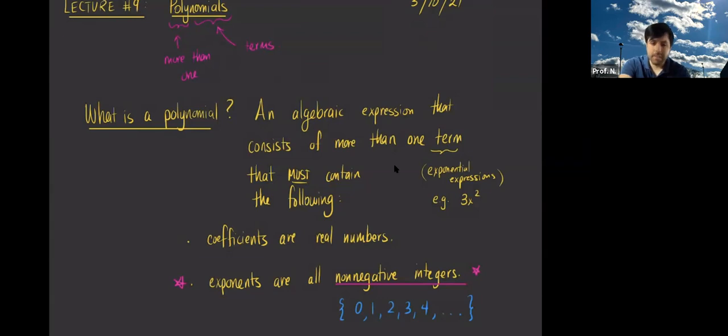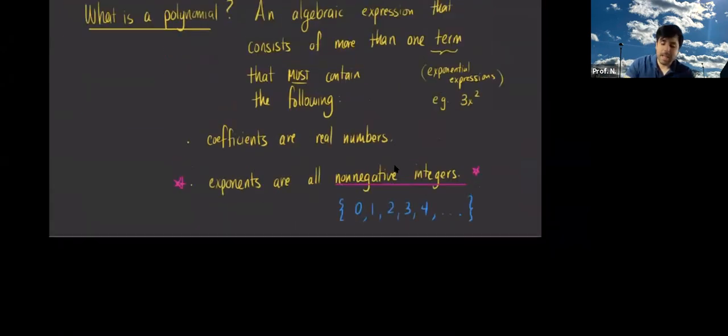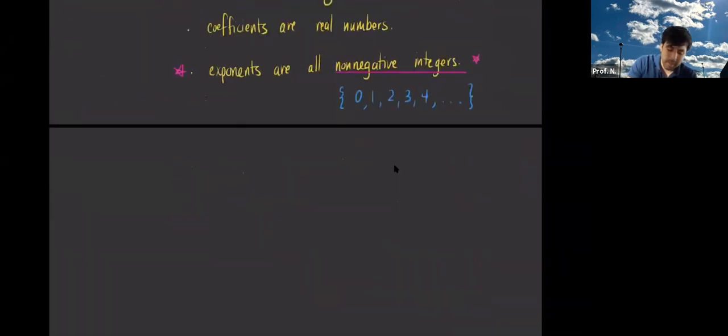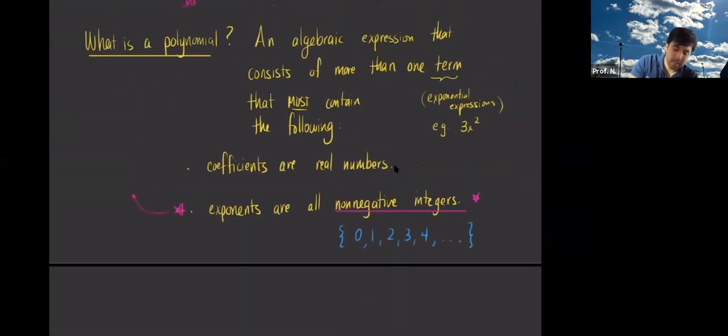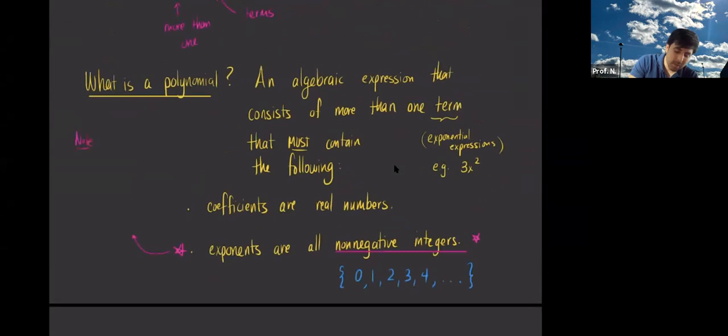If they're non-negative integers, what does that mean? Exponents cannot be what? So note, exponents in polynomials cannot be negative. And what can't it also be?